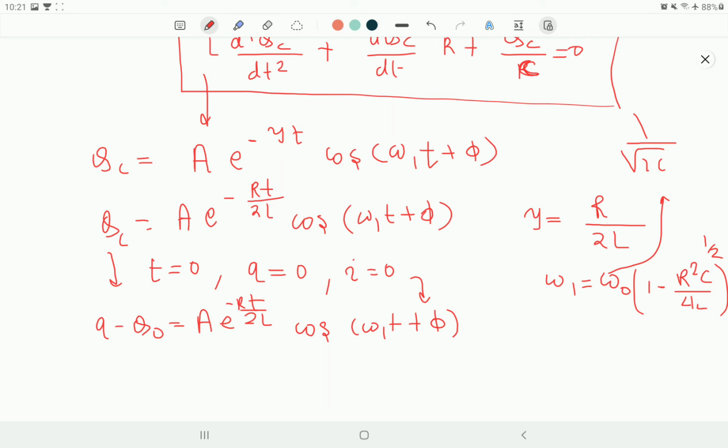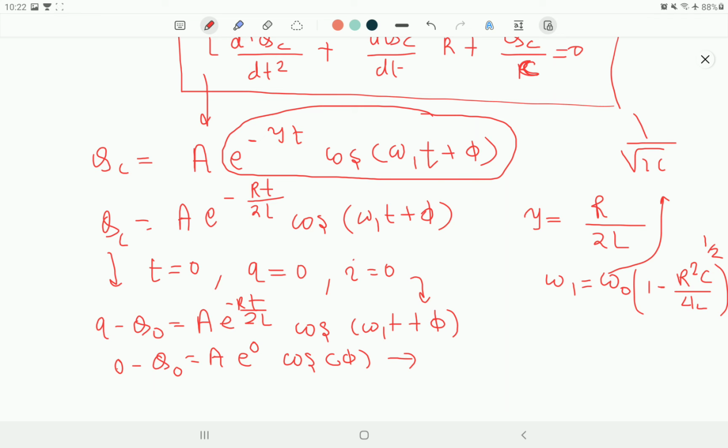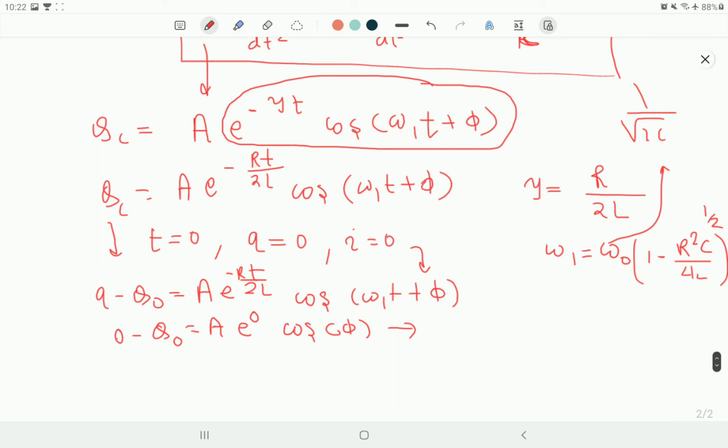Substituting all these values, we get q, which was 0, minus q naught is equal to A to the power 0 cos phi. So minus q naught is equal to A cos phi.